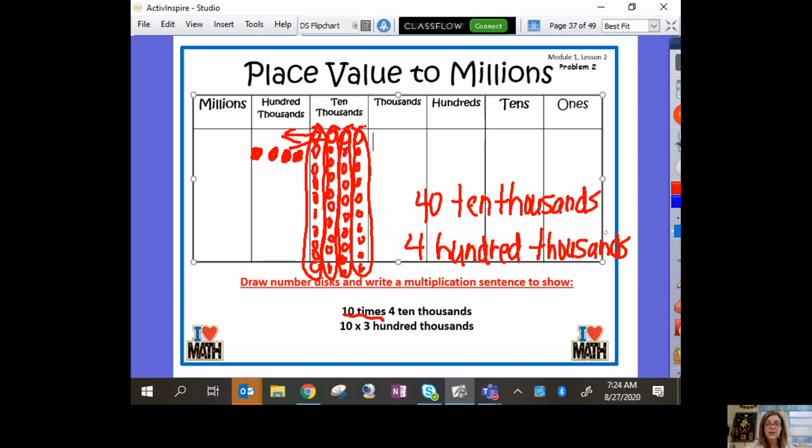So I'm going to write my multiplication sentence with this information.